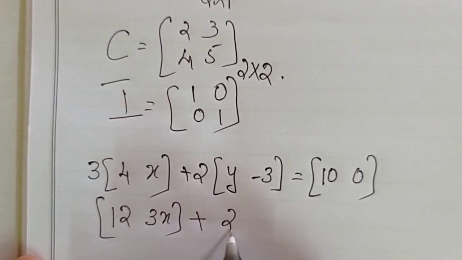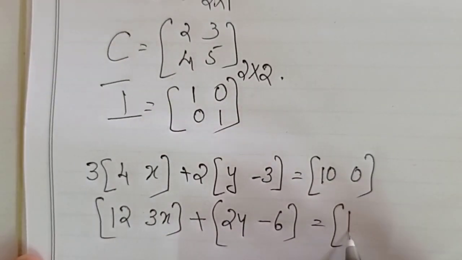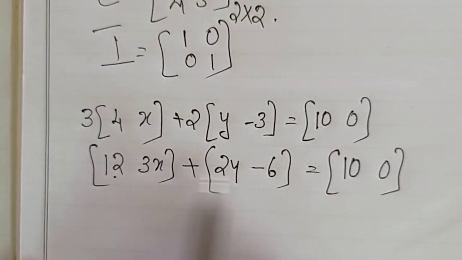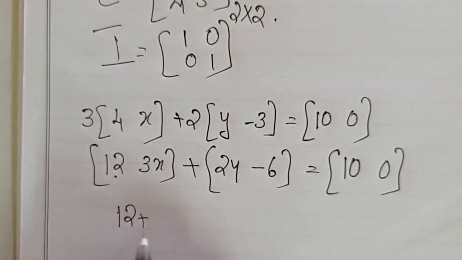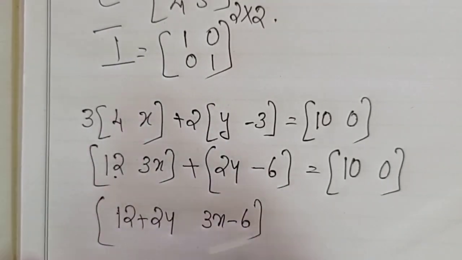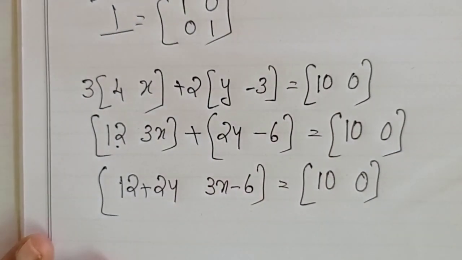Then plus 2y, minus 6, equal to the matrix [10, 0]. Okay, then add the LHS part: 12 plus 2y and 3x minus 6, that is equal to the matrix [10, 0].